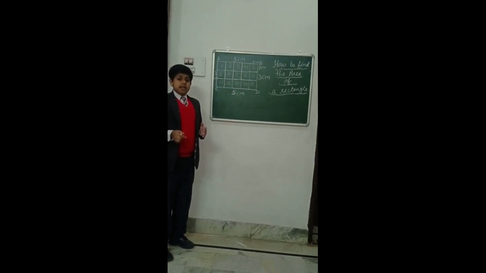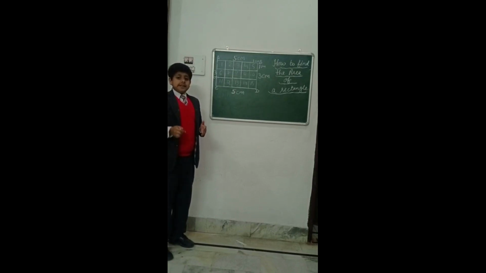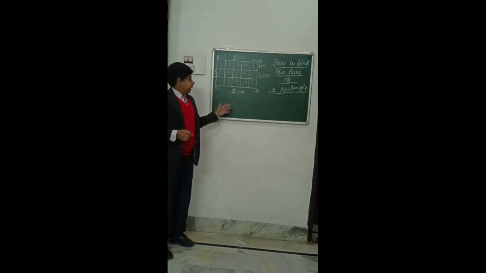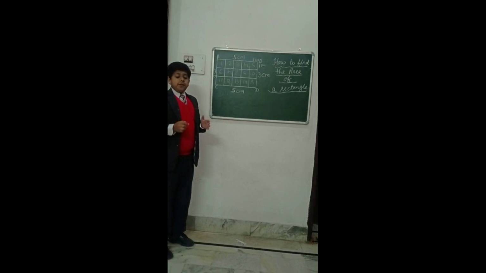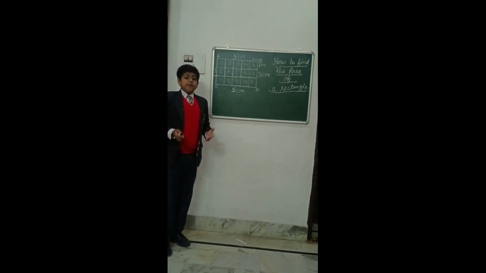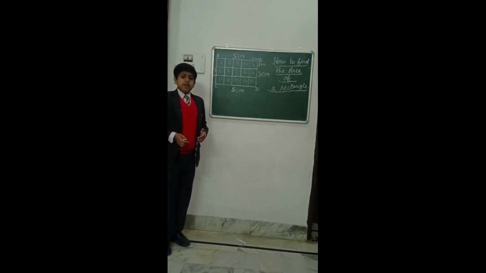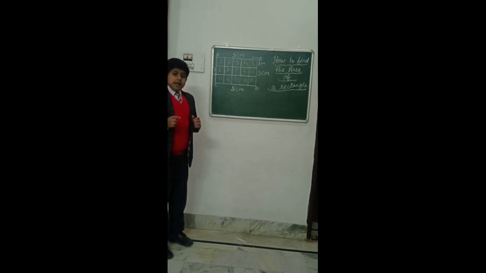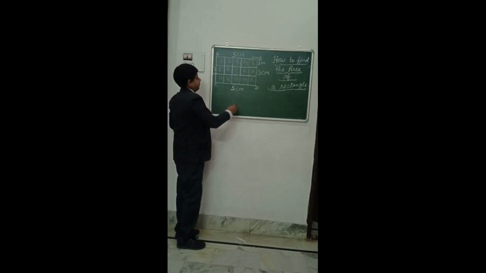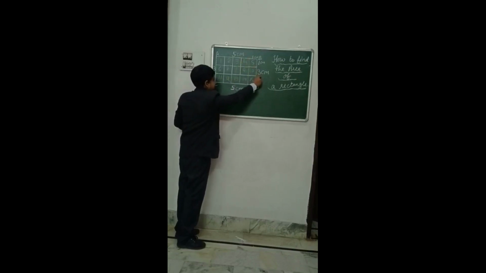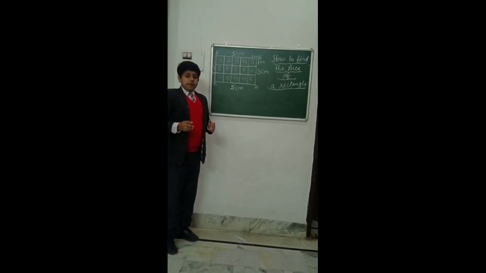Since each square has area 1 square centimeter, we can say that the rectangle has area 15 square centimeters. Can you find any relation between length, breadth and the area of a rectangle? You must have observed that if we multiply length and breadth, we get the area of the rectangle.